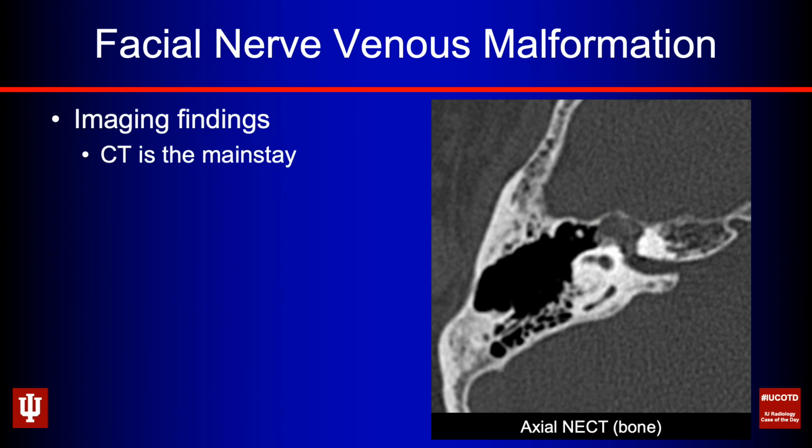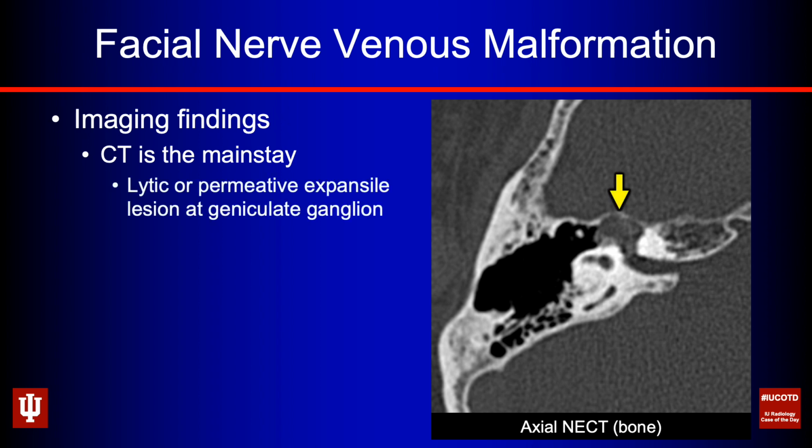What do these look like on imaging? Well, first of all, CT is still kind of the mainstay in terms of our workup. And you look for a lytic or a permeative expansile lesion at the typical places, including the geniculate ganglion, as well as in the IAC. But here's one at the geniculate ganglion. And they should have, in most cases, not all, but in most cases, look for that internal honeycomb type matrix or little spicules of bone.